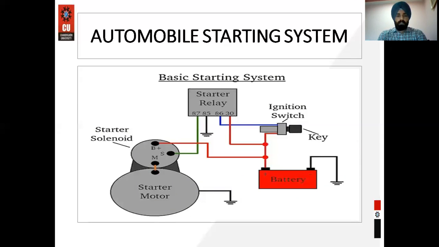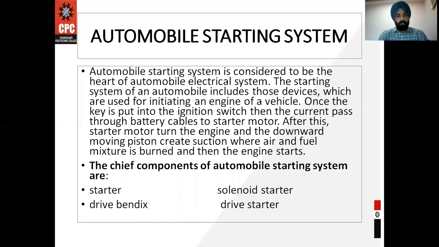These are the basic components of automobile starting system: battery, ignition switch, starter relay, starter solenoids, and starter motor. Automobile starting system is considered to be the heart of automobile electrical system. The starting system of an automobile includes those devices which are used for initiating an engine of a vehicle.